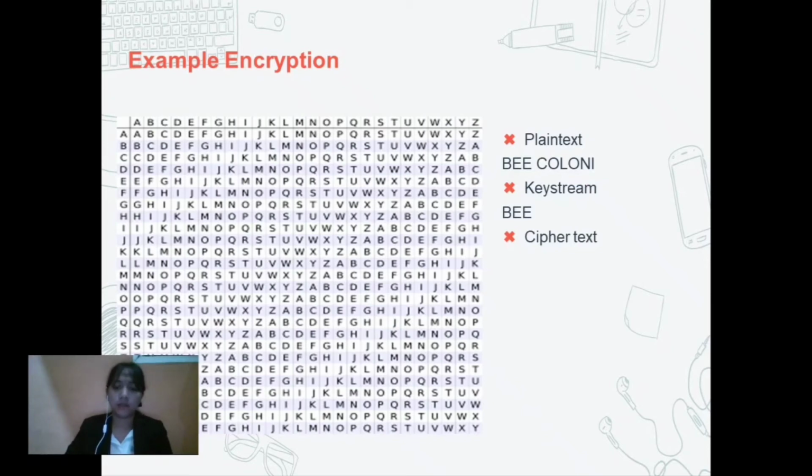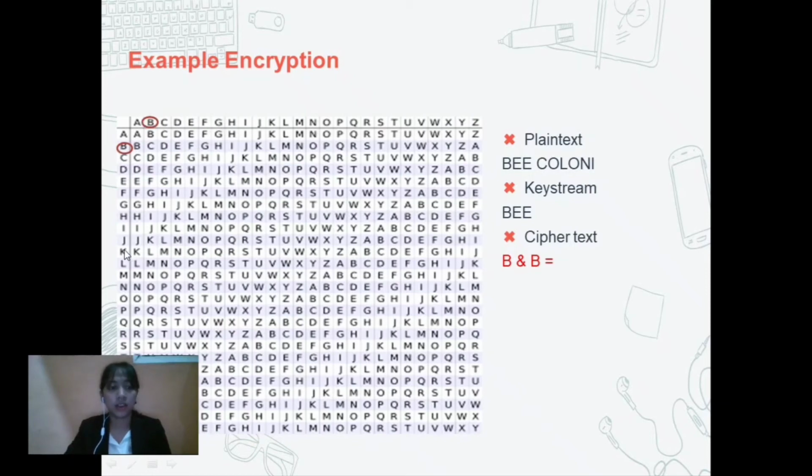For the first letter, the B in the plaintext and the B in the key stream, in the table, we look here for the key stream, and this is for the plaintext.